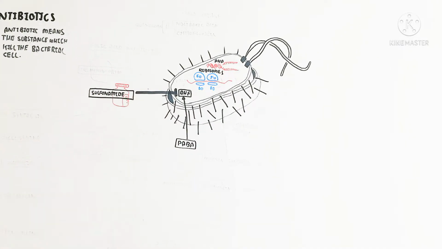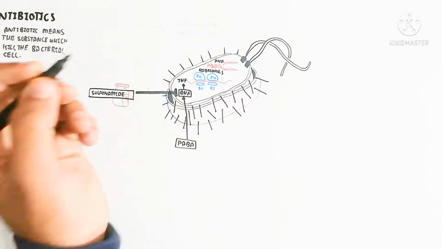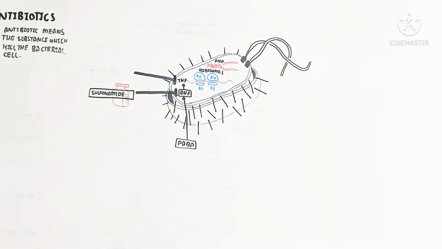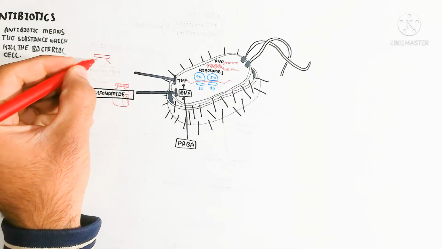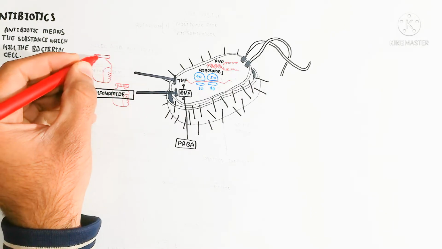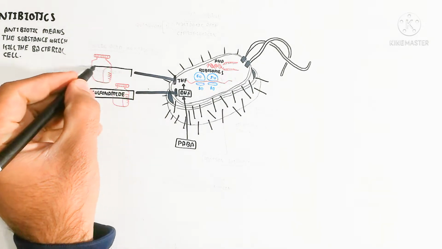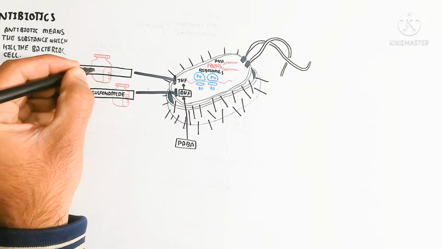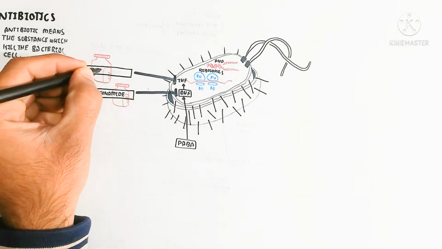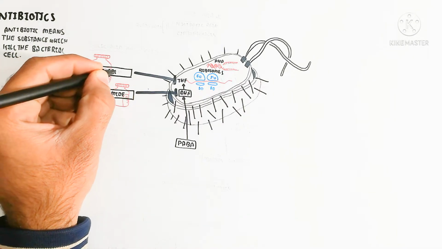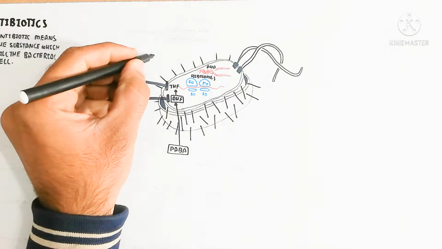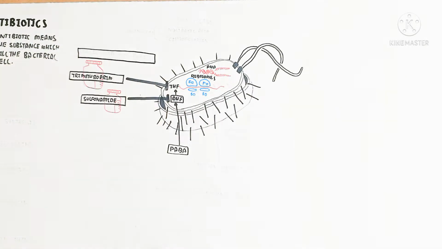metabolism in the bacteria, and it can be inhibited by trimethoprim and sulfonamide. The difference is that sulfonamide inhibits dihydrofolate, while trimethoprim inhibits the tetrahydrofolate conversion.